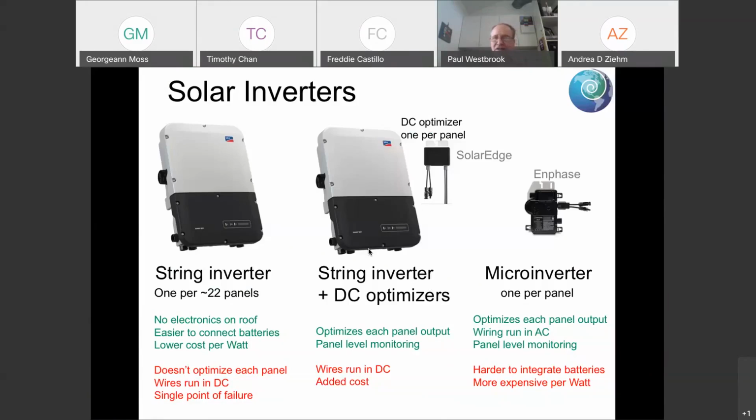A string inverter with DC optimizers might not buy you much if the panels are all well matched. I personally use the micro inverters, and I'm happy with those. When you're looking for a system, you'll get bids, and suppliers will have their favorites. And really it just comes down to, as you'll see when I talk about costs, who's giving you the best value in dollars per watt.